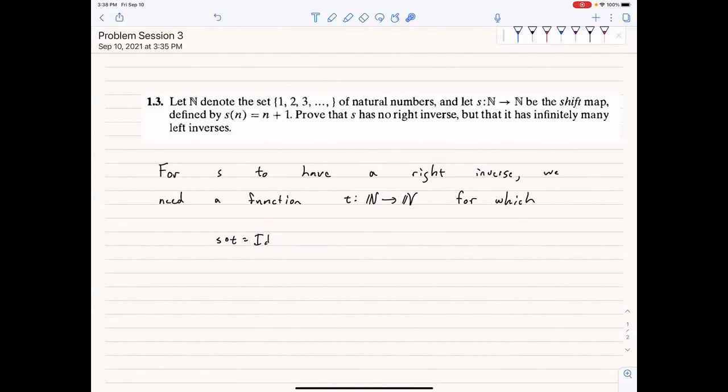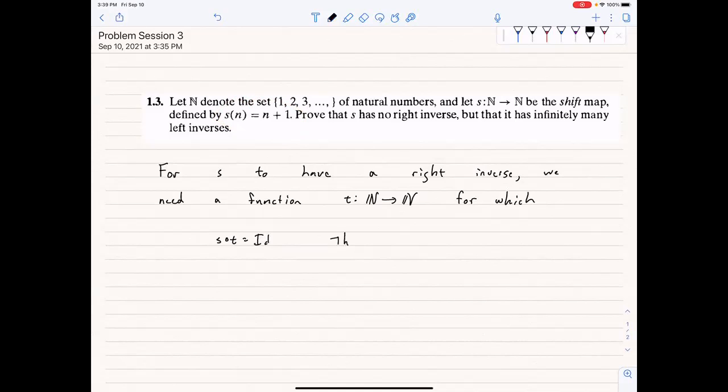But if I compose something on the right, the range of this is going to be contained in the range of S, right? Because it's S of T of whatever. So if we look at the shift function S, what is its range? 2 to infinity, right?